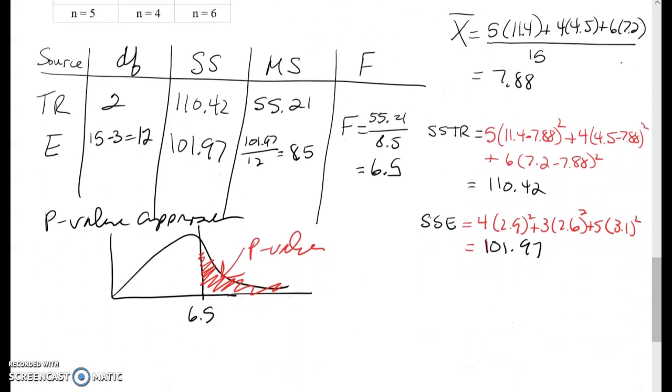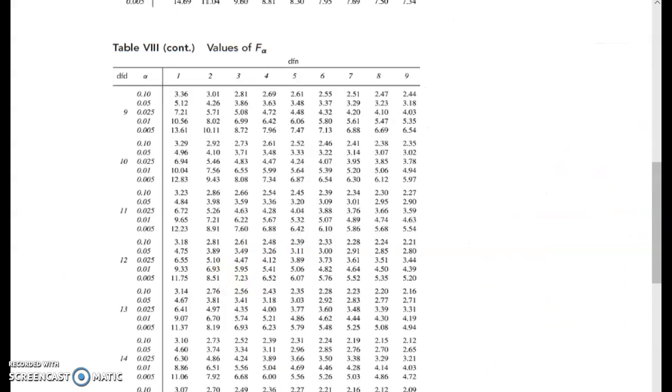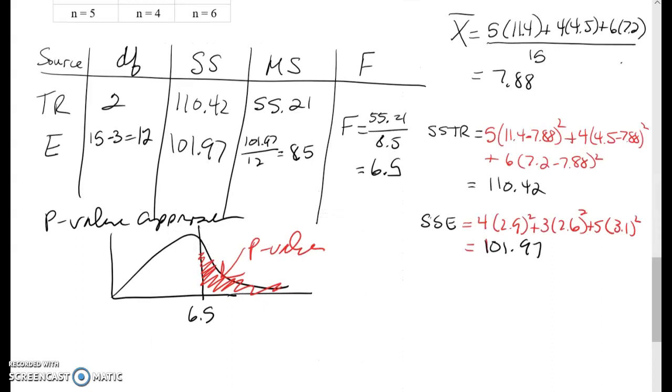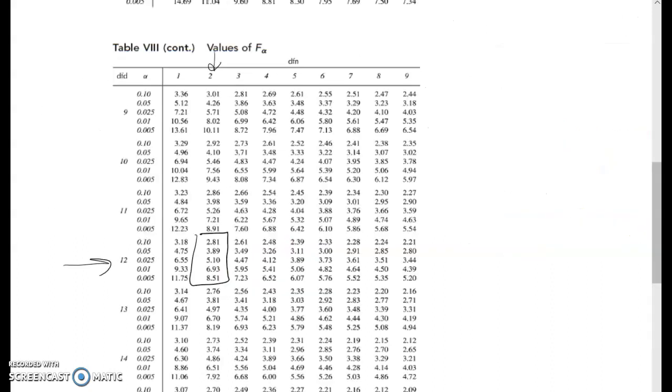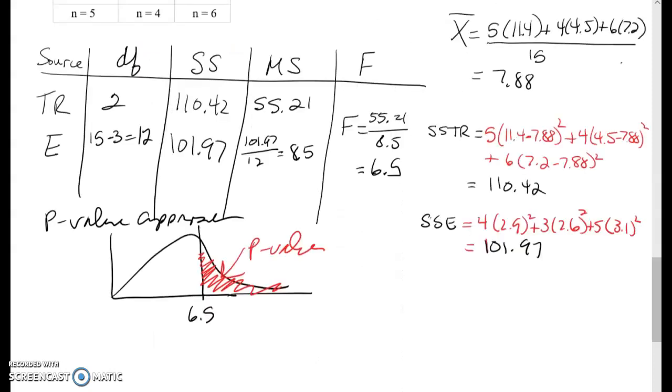So let's see where we can find 6.5 on our table. Go to your F table. Degrees of freedom of the numerator is 2, denominator is 12. So here we have this block of numbers, and our 6.5 test statistic is going to fall between these two values, which means the p-value is going to be between these two areas, 0.01 and 0.025.